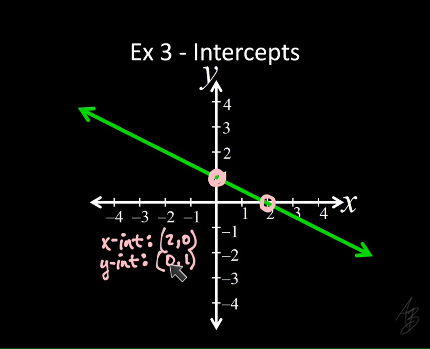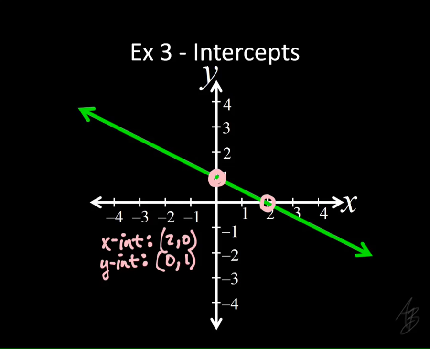For the y-intercept, the x is always going to be 0. Does that sound familiar? When did we have x equals 0 and y equals 0? Those first two examples, right? So what we were actually doing in those first two examples was finding intercepts, figuring out where the lines cross the axes.